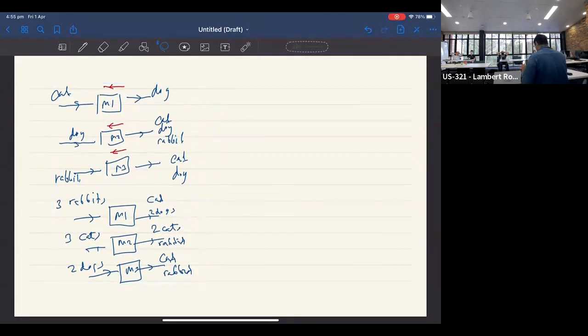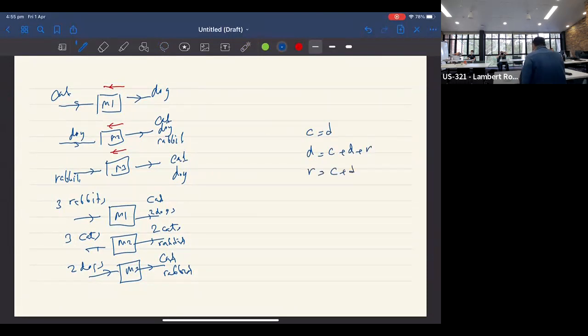Okay, so remember this, that a cat becomes a dog, so I can write a cat becomes a dog, and a dog becomes a cat, and a dog and a rabbit, and a rabbit becomes a cat and a dog.